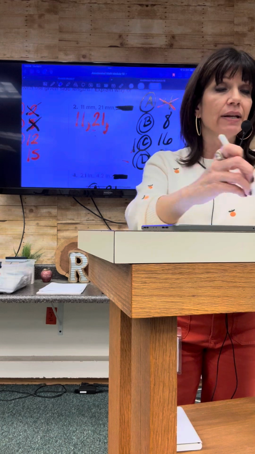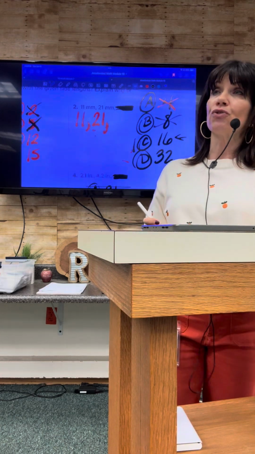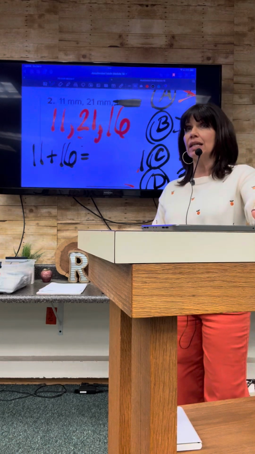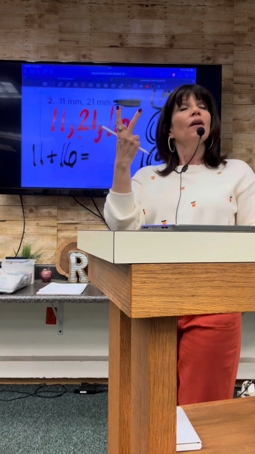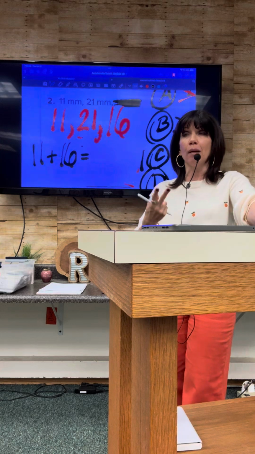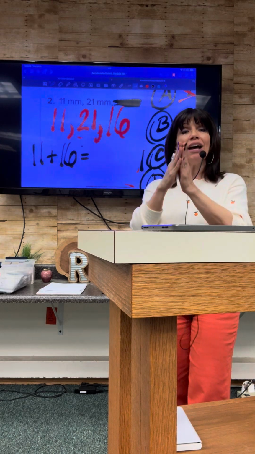Now we're trying out option C. Option C says, let's try what number? 16. What two numbers shall we add? Say them. 11 plus 16. Class, why did we pick the 11 and the 16? Because they're the two what? Good. Always trying the two smallest numbers added together.